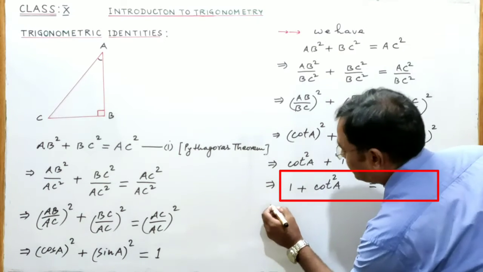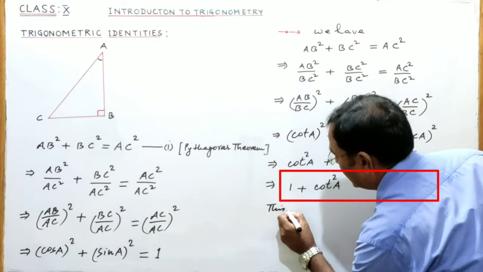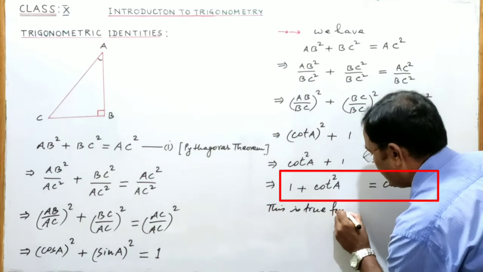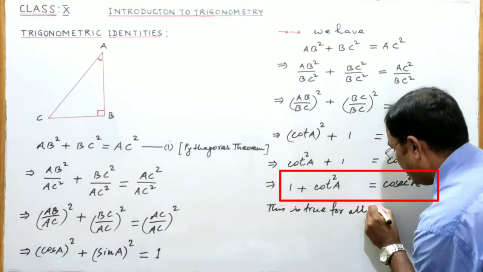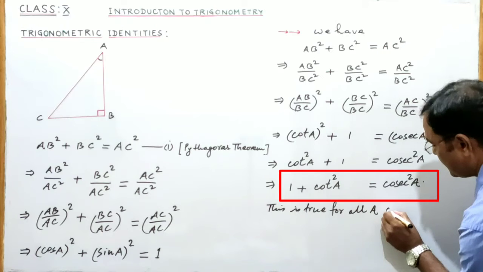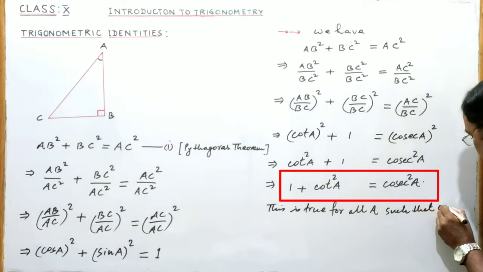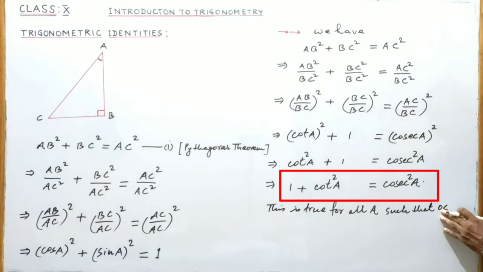So this is true for all acute angles A such that 0 degree is less than A less than or equal to 90 degree.